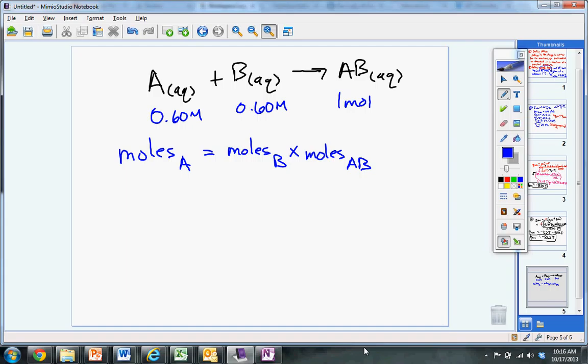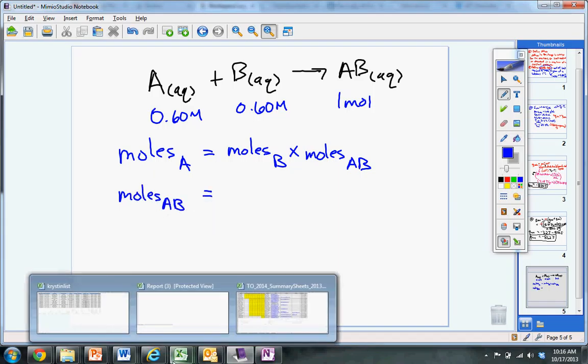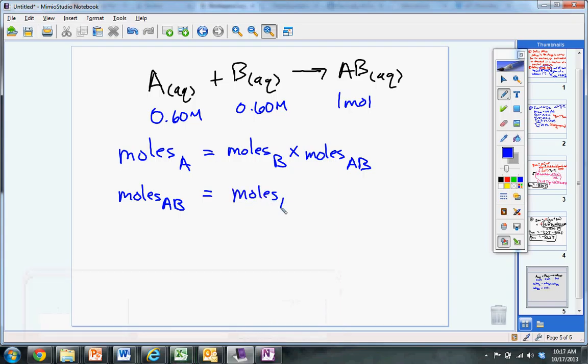So if I did moles of AB, what would I have this equaling to? Moles of A over moles of B, which equals?